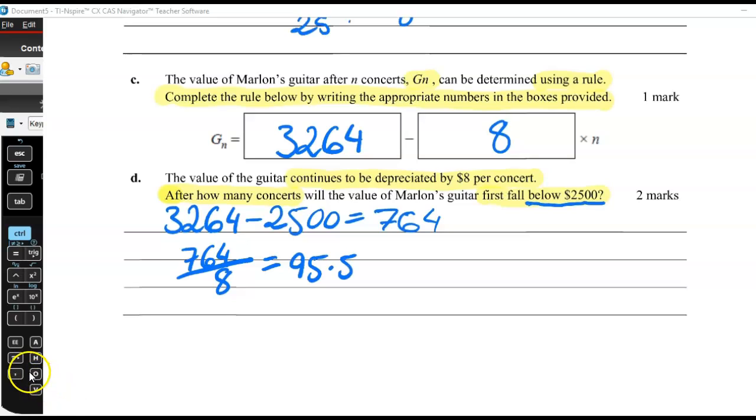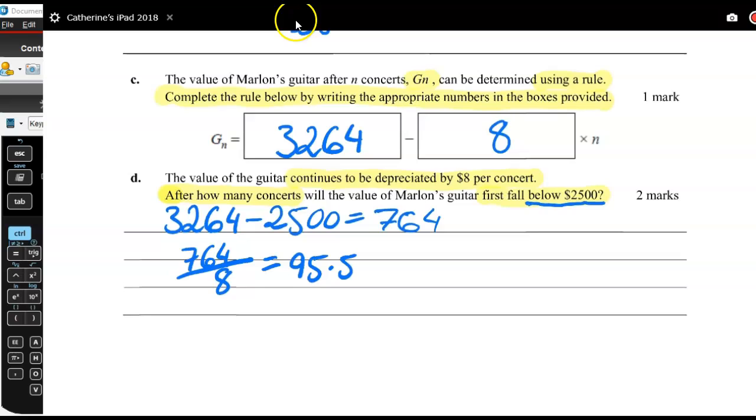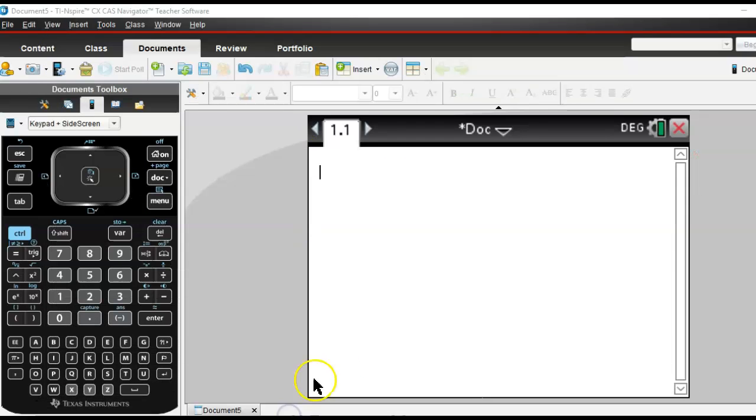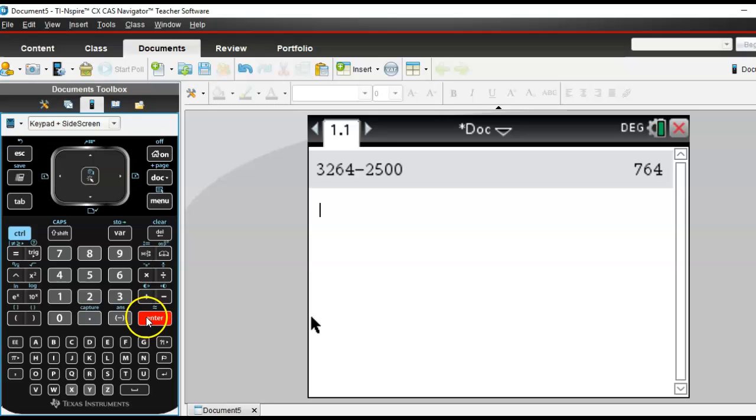Okay, I might actually prove all this on the calculator. We had 3,264, take away 2,500, gives me $764. Divided by 8 is approximately 95.5.